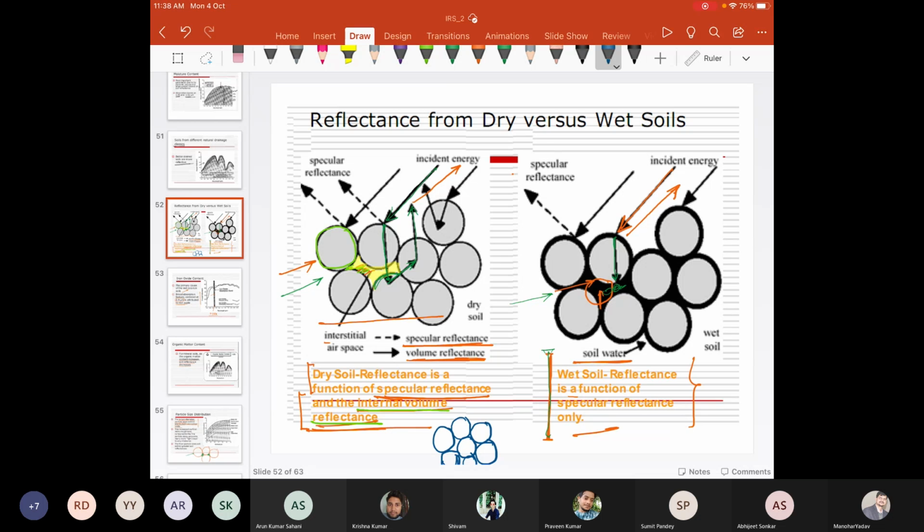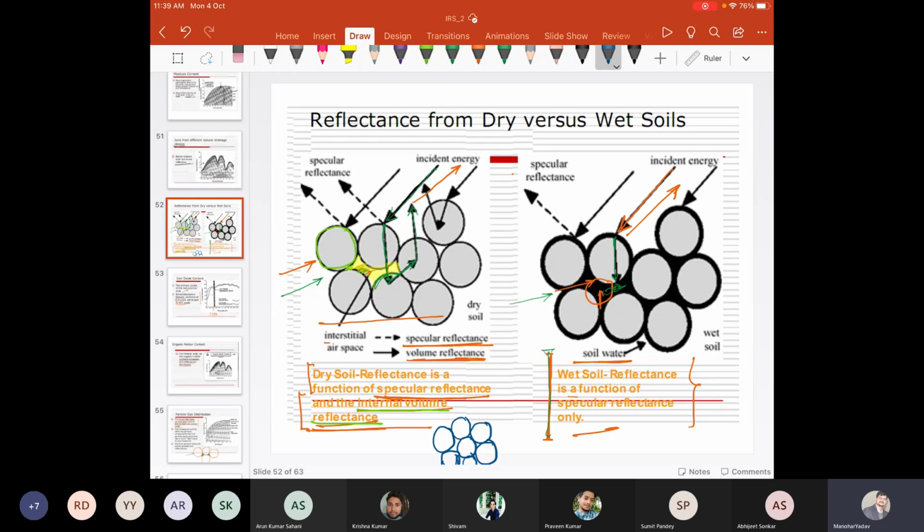If the particle size is large, then there is a large void. When you decrease the particle size, what will happen? Soil will be closely packed and the volume of void that is filled with air will decrease.